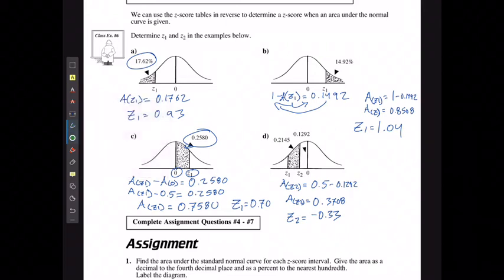The area of Z1 is going to be the area of Z2, which we solved right here, and I'm going to take away this 0.2145 so that I'm just looking at what is left here.